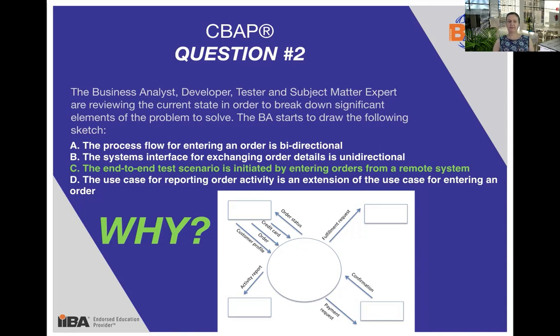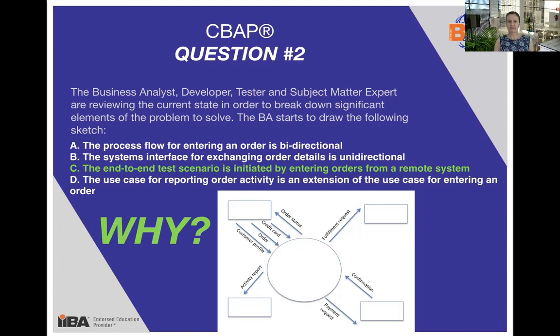Okay, so none of the other options in this sequence reflects anything about the context diagram as such. So if you look at A, the fact that the process flow for entering an order is bidirectional, that's not really being shown here because this is strictly not a process flow. B, the system's interface for exchanging order details is unidirectional.